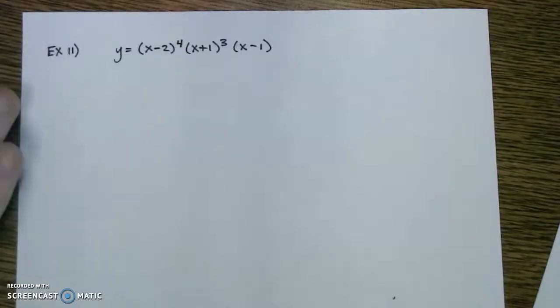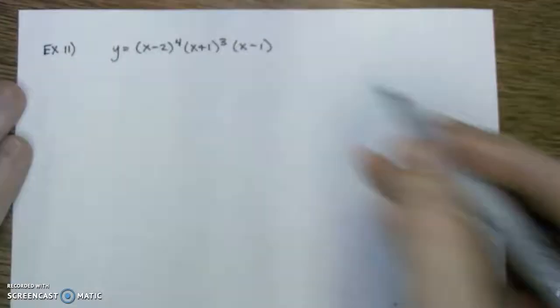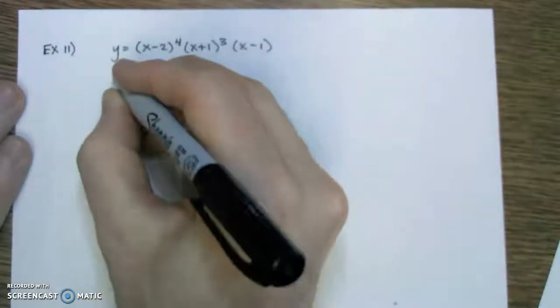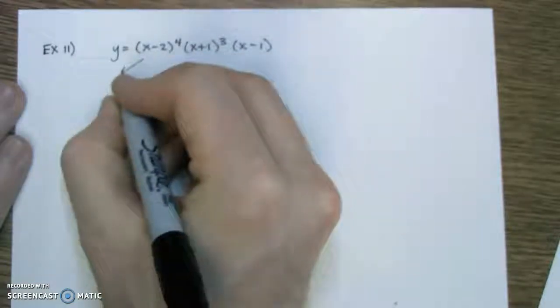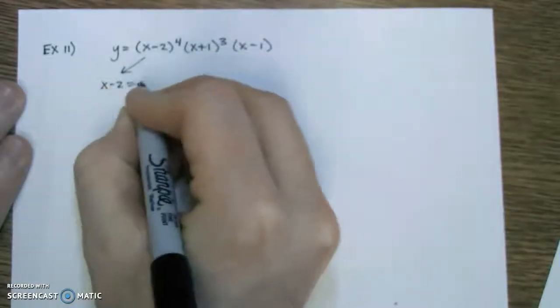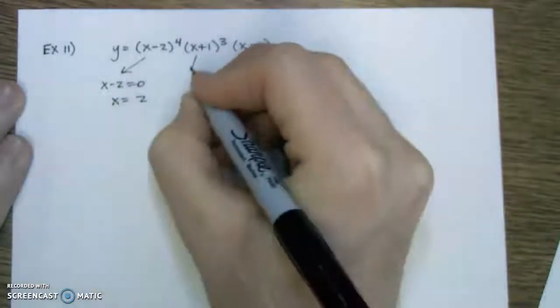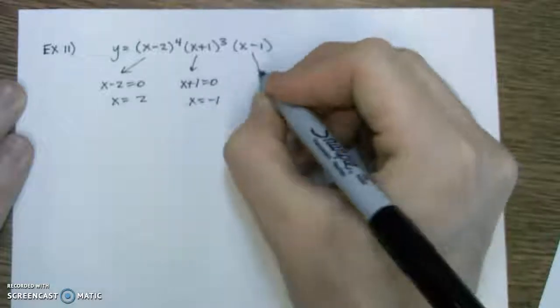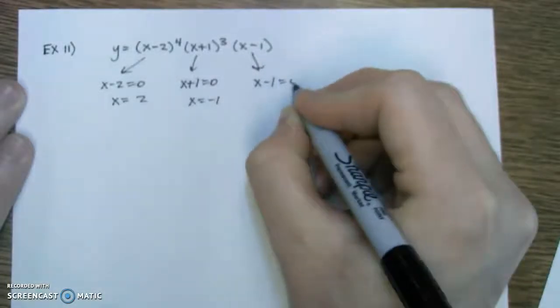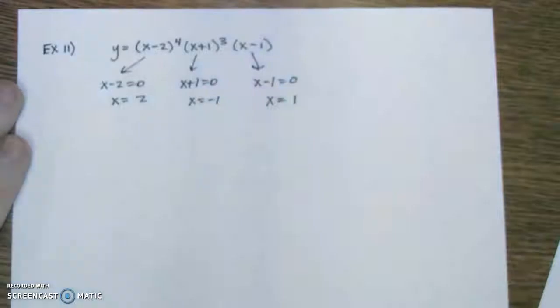Let's start by finding the x-intercepts. So to do that, we set y equal to 0, which means we're going to set each of these factors equal to 0. So we get 2, we get 1, and we get positive 1.